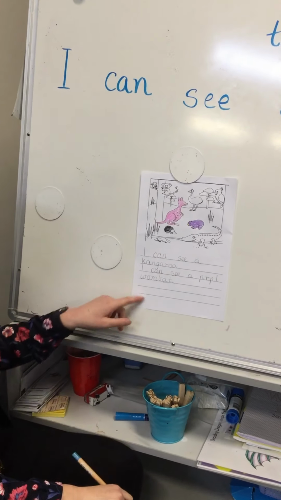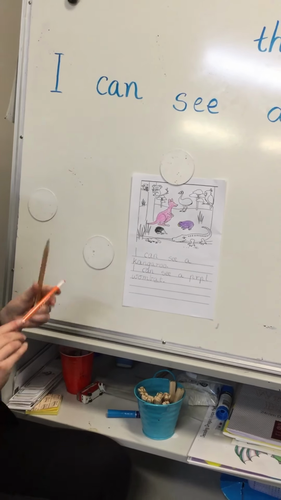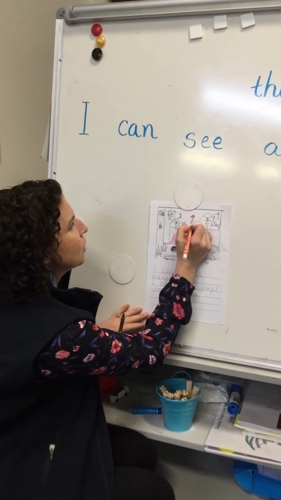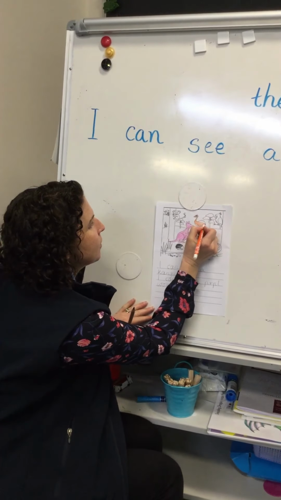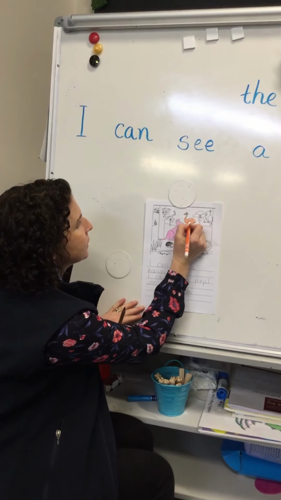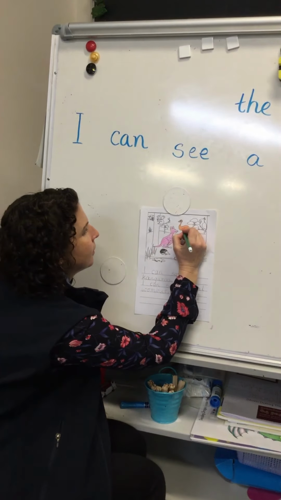Great. Then I can colour in something different. Oh, I'm going to go orange. Orange emu. Glorious orange emu. This orange emu needs some wacky legs. Oh, what could I do for wacky legs? Green, I think.